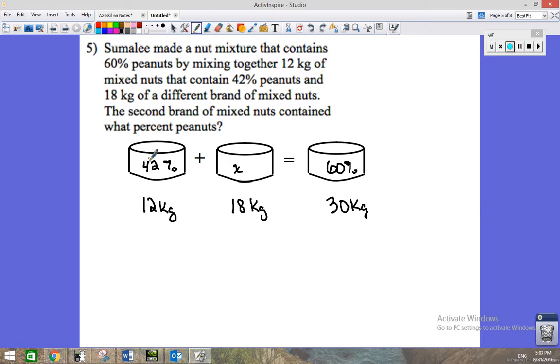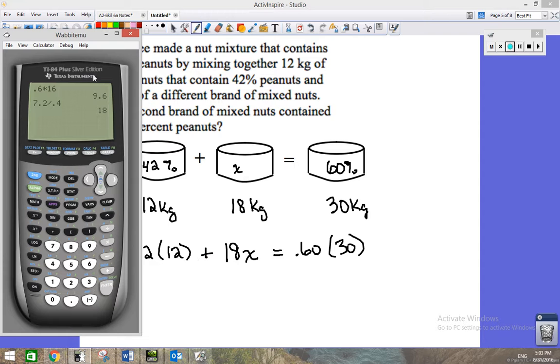Let's take the concentration times the weight, 0.42 times 12, plus x times 18, or I'm going to write it as 18 times x, and 0.6 times 30. One equation, one unknown, we can solve for x.